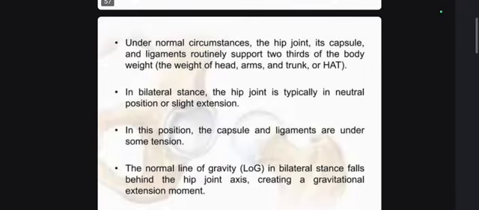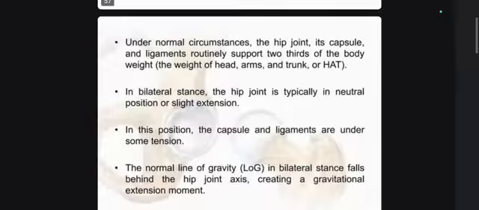Under normal circumstances, the hip joint, its capsule and ligaments routinely support two-thirds of the body weight. In bilateral stance, the hip joint is typically in neutral position or slight extension. In this position, the capsule and ligaments are under some tension.